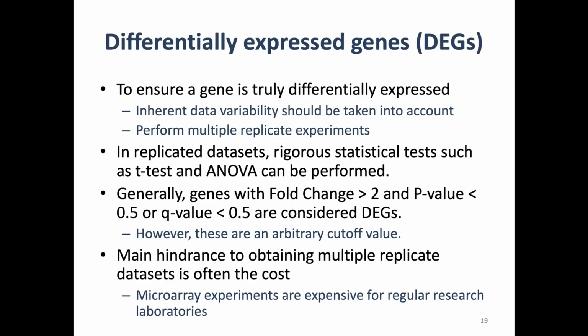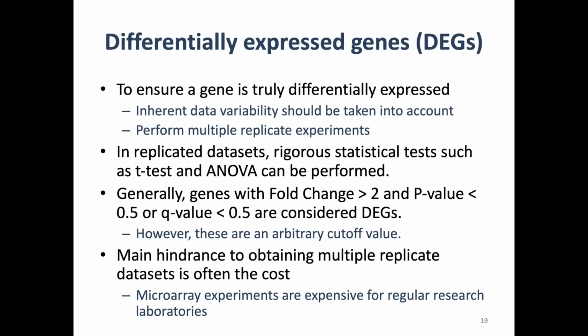The q-value is the FDR adjusted p-value. Many get confused about what the q-value is here. So the q-value is the FDR adjusted p-value. However, all these values are arbitrary cutoffs, so it's up to you to decide what you want to go with, right?